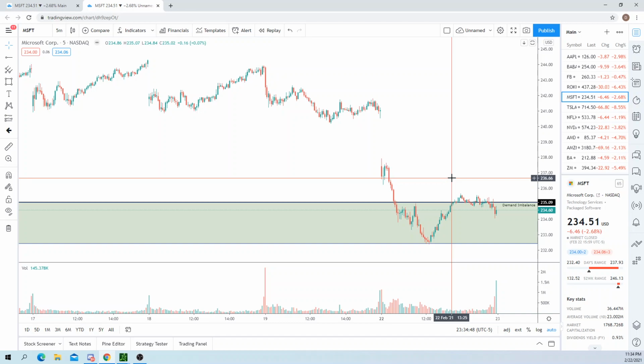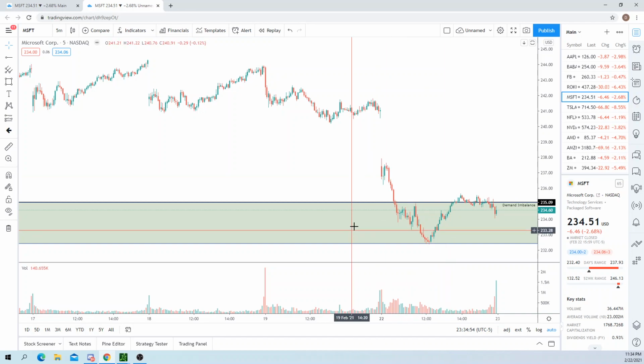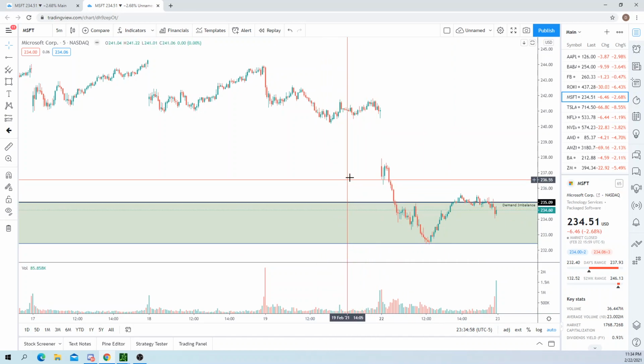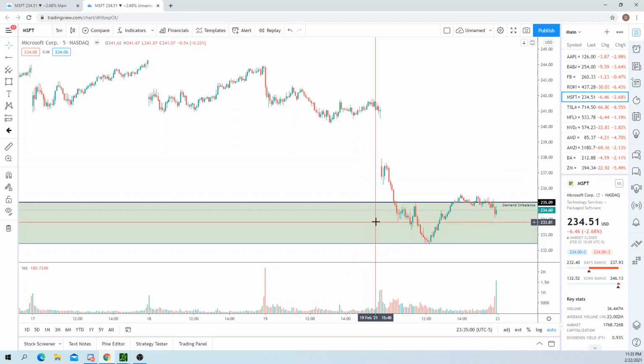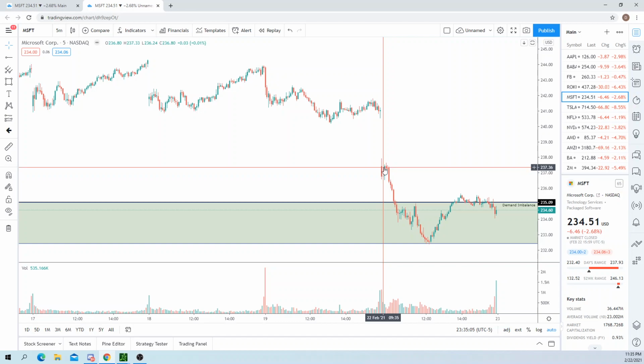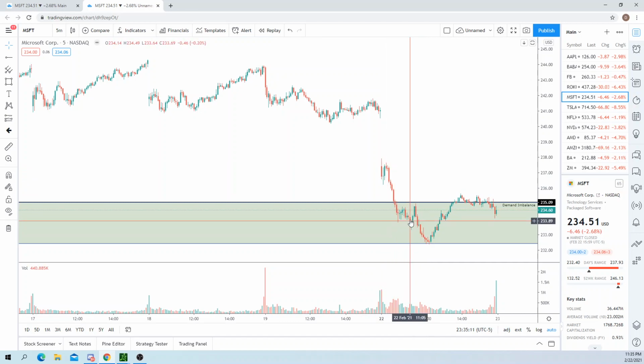the trade. So, like I said before, basically a demand imbalance will act as a magnet. Inside of this green rectangle has unfilled orders. So usually the price of an underlying asset will be attracted to this rectangle to fill those unfilled orders.